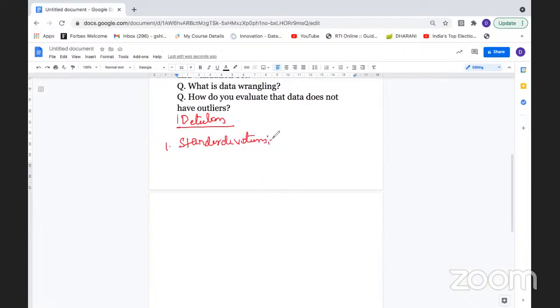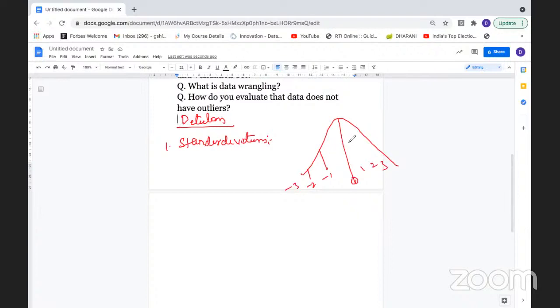In statistics, if the data distribution is approximately normal, then about 68% of the data values lie within one standard deviation of the mean, right? If you try to draw a normally distributed curve, if this is your 0, this is your -1, -2, -3, this is 1, 2, 3.